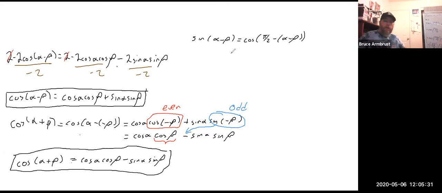Okay, well now, let me just rewrite this real quick. We're going to write this as cosine of pi over 2 minus alpha plus beta. So I'm just going to distribute the minus sign. And the reason that I did this is because I want to think of those two, pi over 2 and the alpha, together.